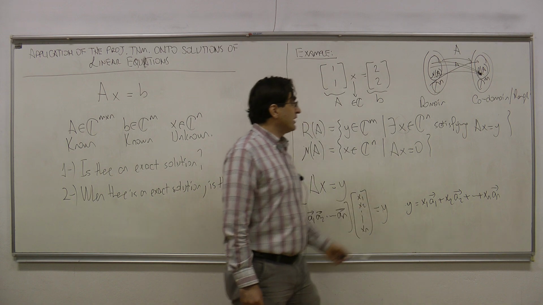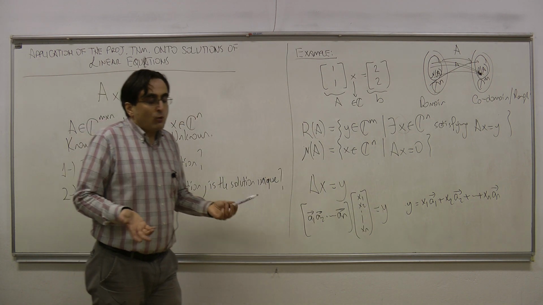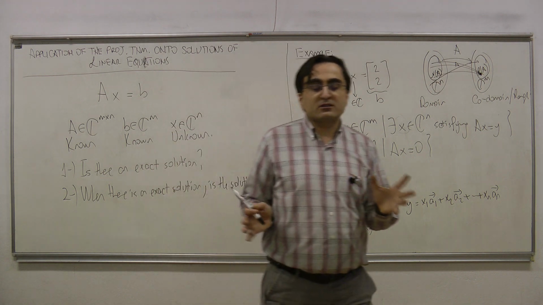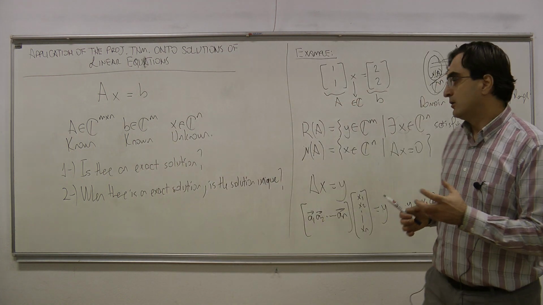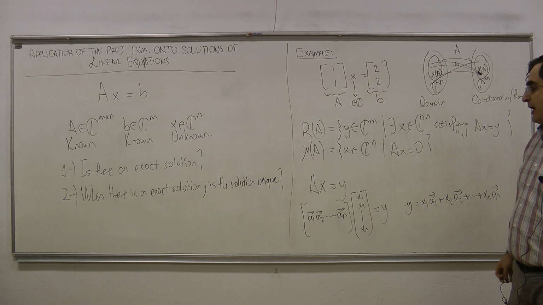I'm saying that such an x vector exists. All right? So that is why the range space is nothing but the column space of the matrix. The span of the columns of the matrix is the range space.